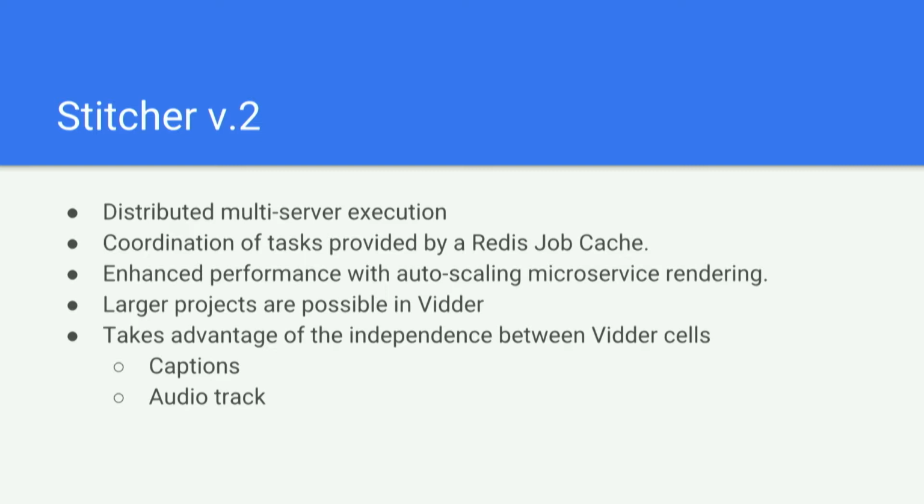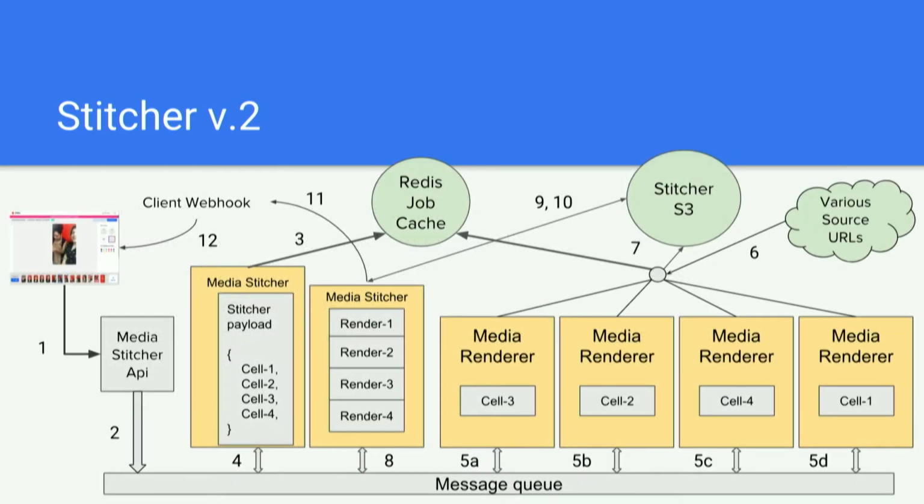But we were also, as a result of this, able to handle captions and audio tracks, which previously were taking too much time to process on the single instance. So a little additional complexity, but we'll step through this one link at a time.